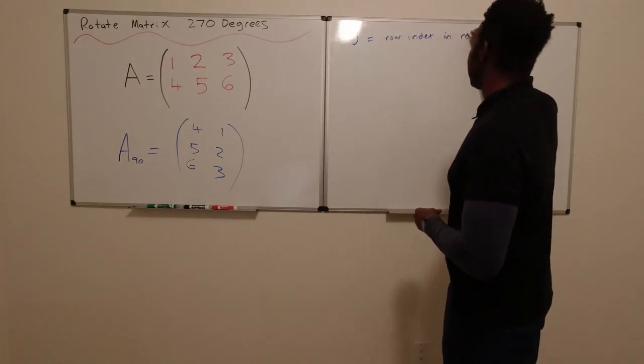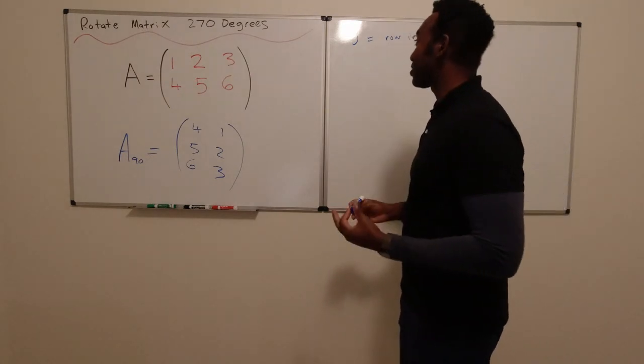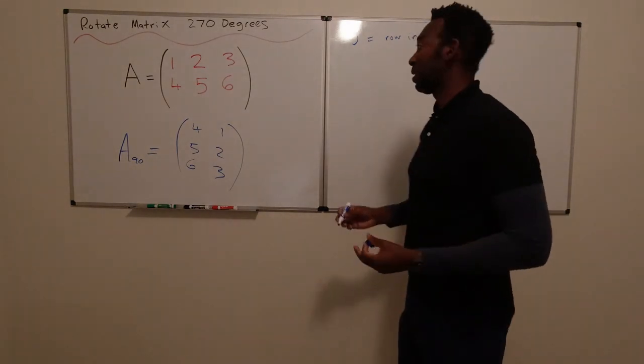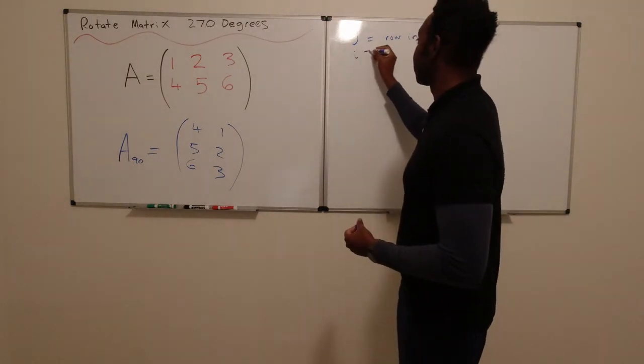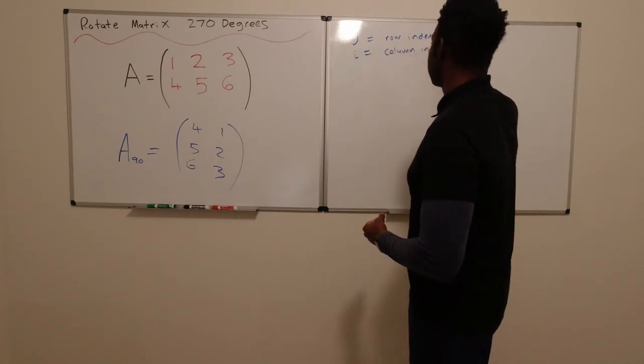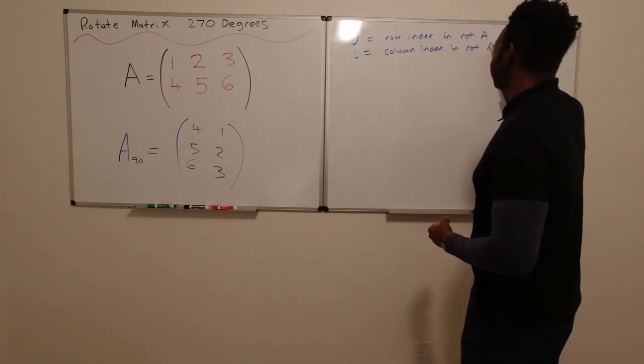And then also in a similar fashion, we have I, which represents the column index in the rotated array.